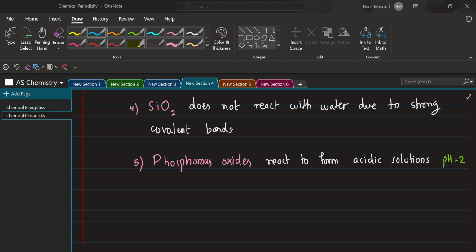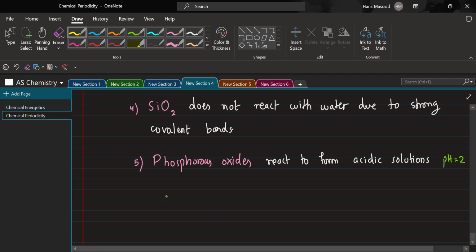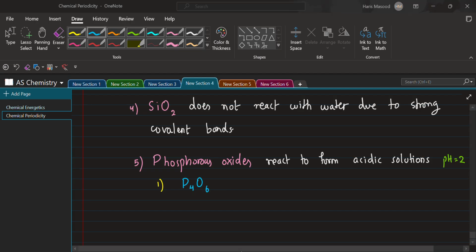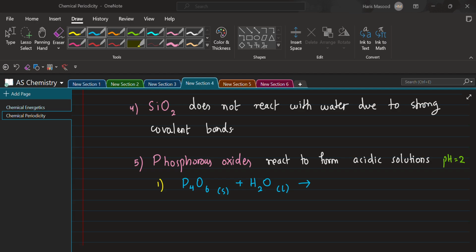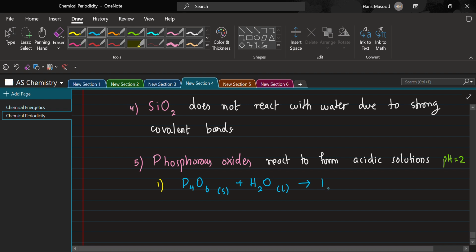So first is P4O6, solid, H2O reacts to form H3PO3.